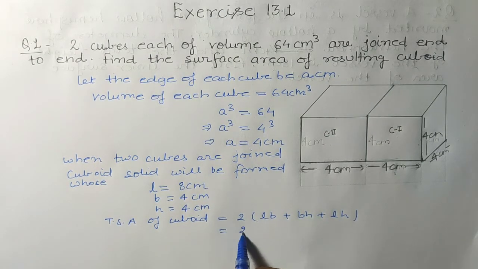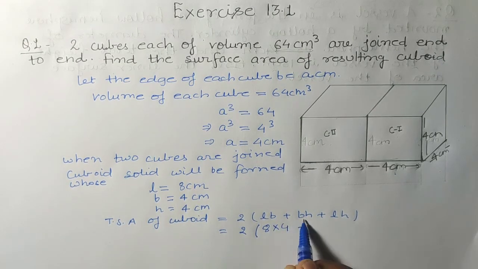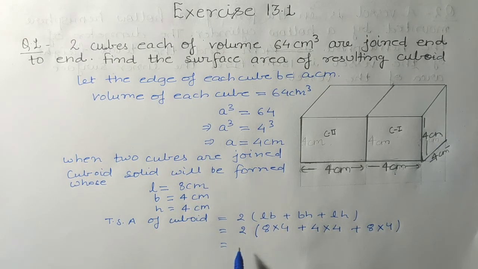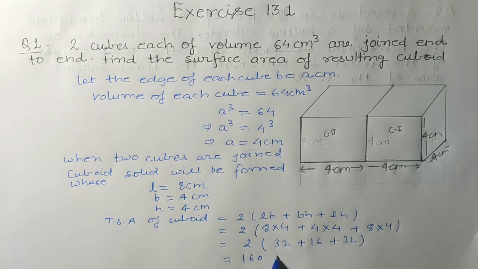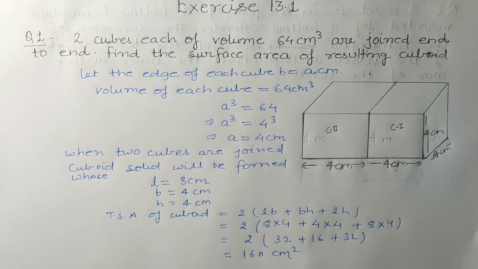So it will be 2 into (8 into 4, plus 4 into 4, plus 8 into 4). So it will be 2 into (32 plus 16 plus 32). 32 plus 32 is 64, 64 plus 16 is 80, 80 into 2 is 160 centimeter square. So this will be the total surface area of the resulting cuboid.